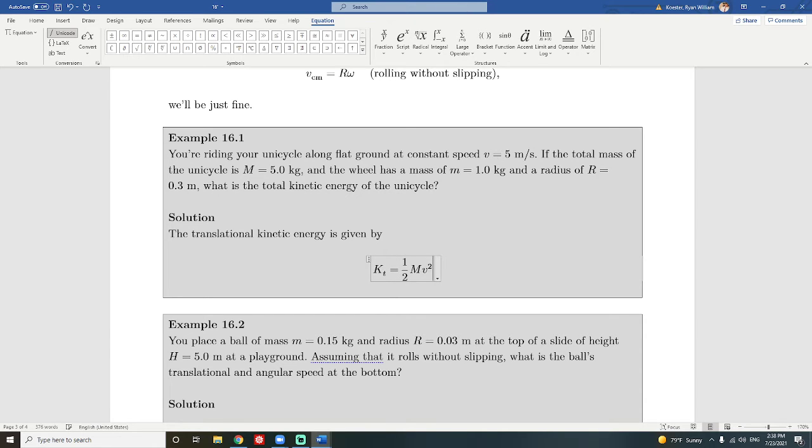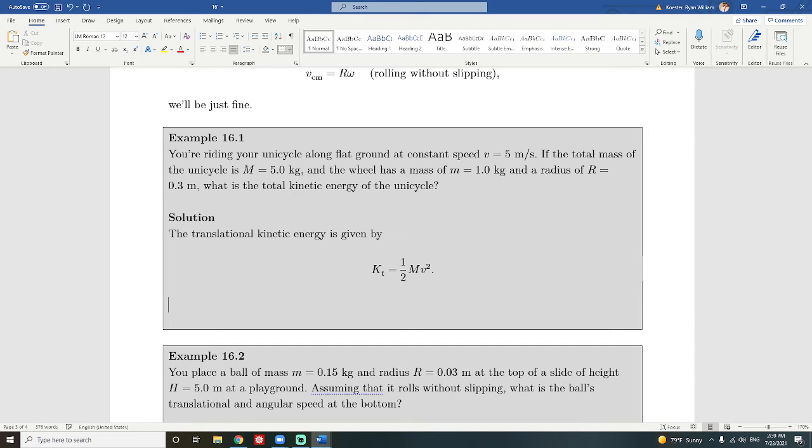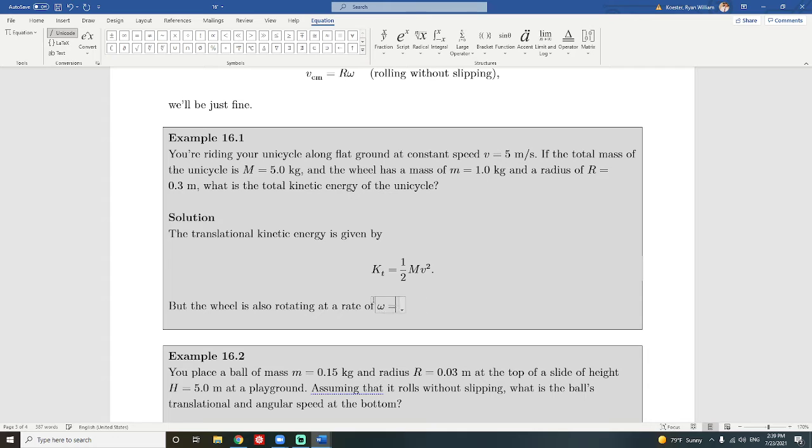And so this is just something you probably could have told me like a week or two ago, right? It's just 1/2 big M V squared. But the wheel is also rotating at a rate of omega, which equals V over big R, right? Just from rearranging this.